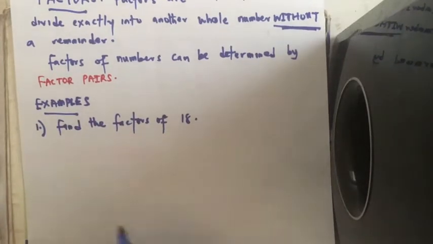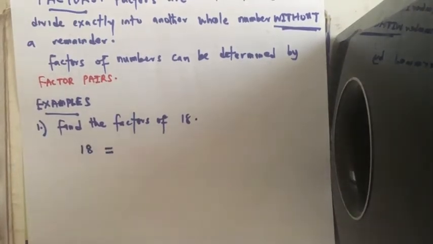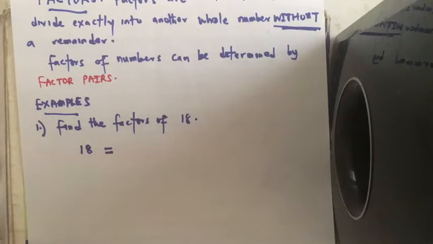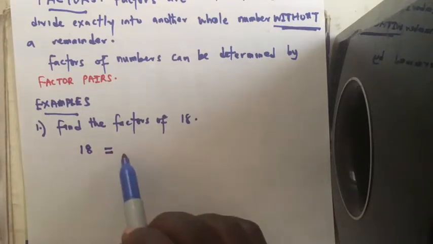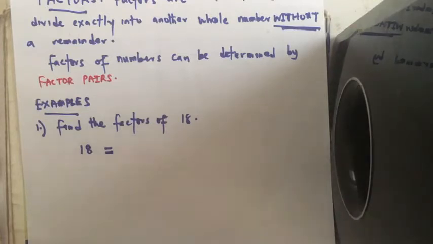Let's write 18. We'll think of two numbers that we're going to multiply that will give us 18, and there shouldn't be any repetition of numbers. If you've written 2 times 9, you can't write 9 times 2 again. No repetition of numbers is allowed.